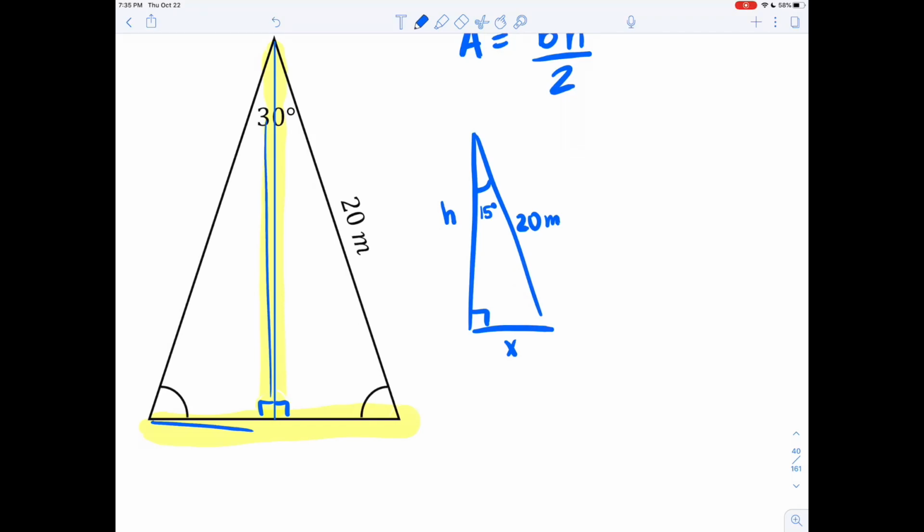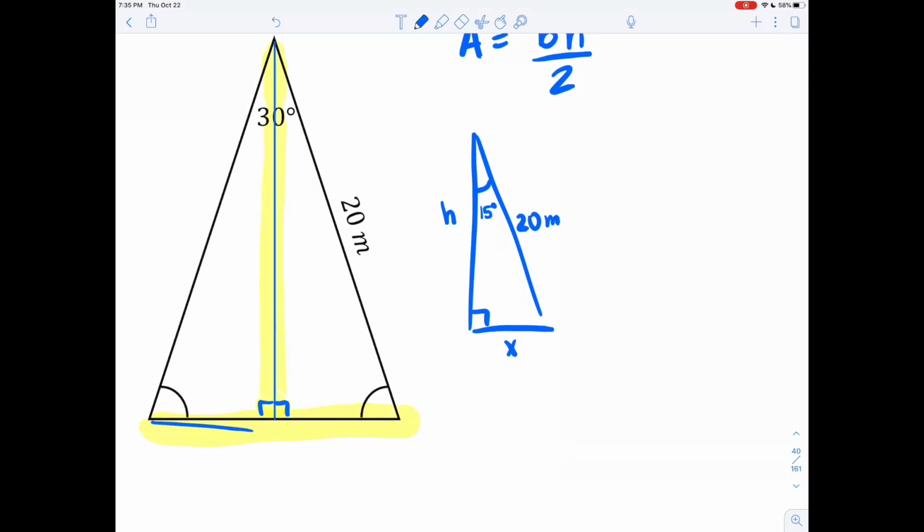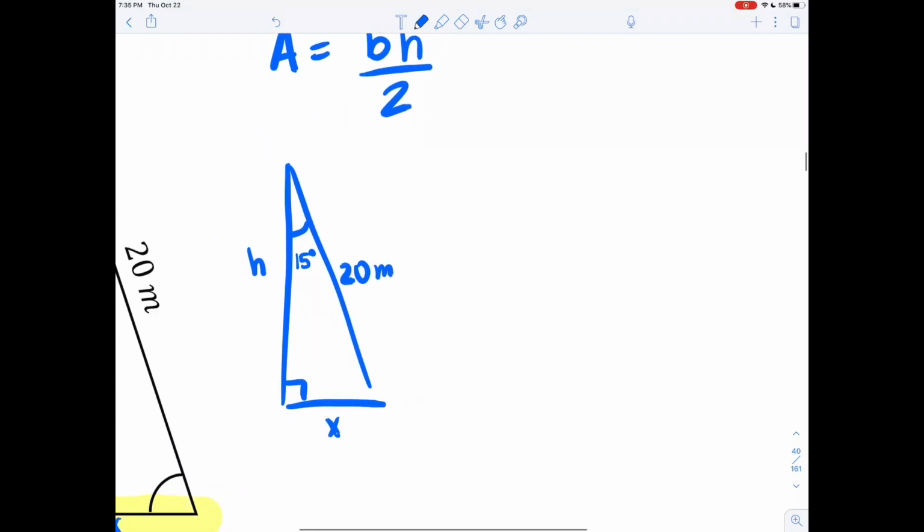Because if these two triangles are equal, then both of those bottoms of my right angle triangles will be the same, and my base will just be x plus x. So I could go ahead and find this value in this triangle as well. So let's get it started.